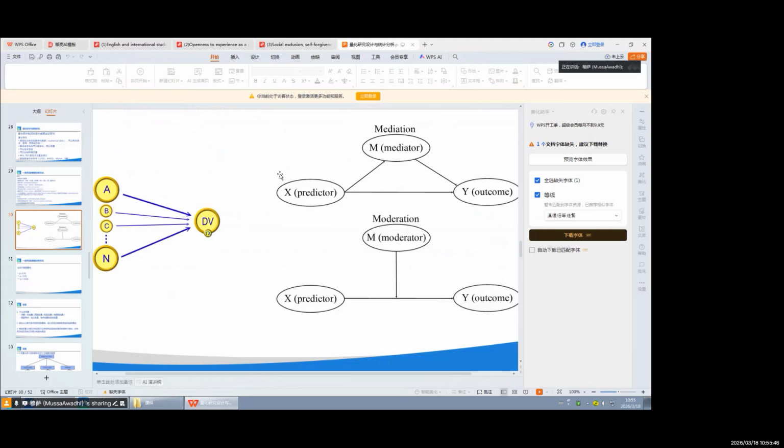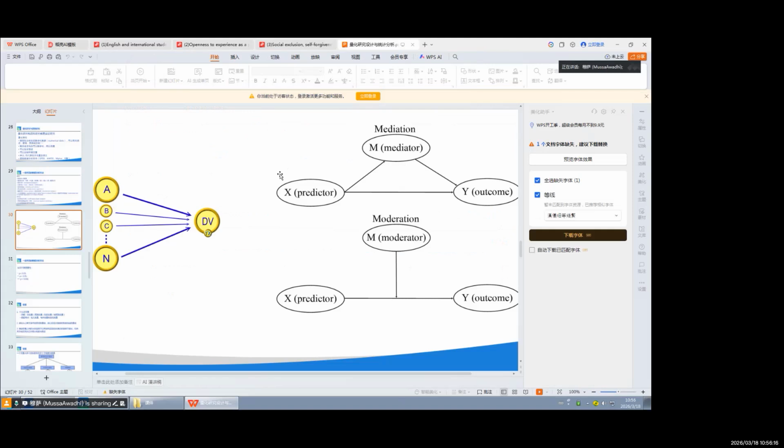So think about this. Personality of conscientiousness will have a direct influence on your academic performance. Do you achieve good academic performance just because you are featured by this personality?